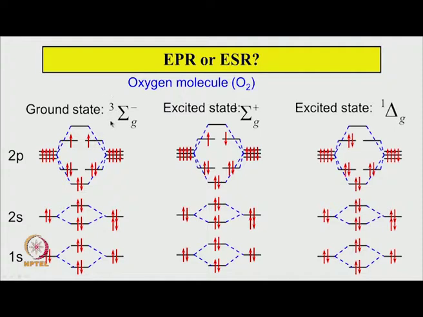Now, if this oxygen molecule is excited, it produces a singlet state, and it produces 2 types of singlet states. Here these 2 spins are parallel, but in one of the excited states these 2 become anti-parallel. Since these 2 occupy different orbitals, this can be a singlet state, and it has this sort of electronic configuration.